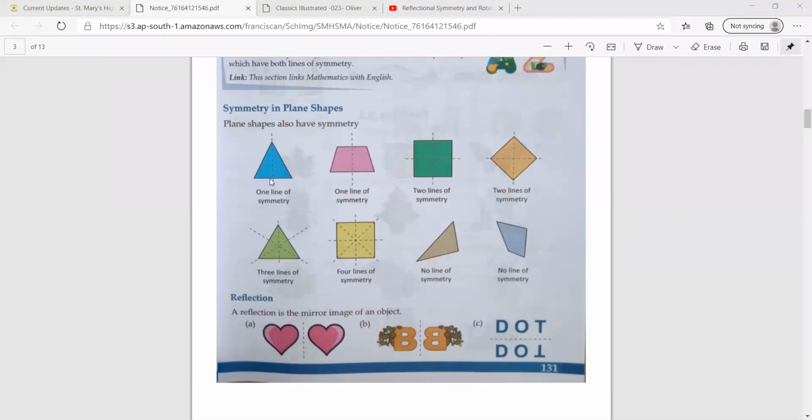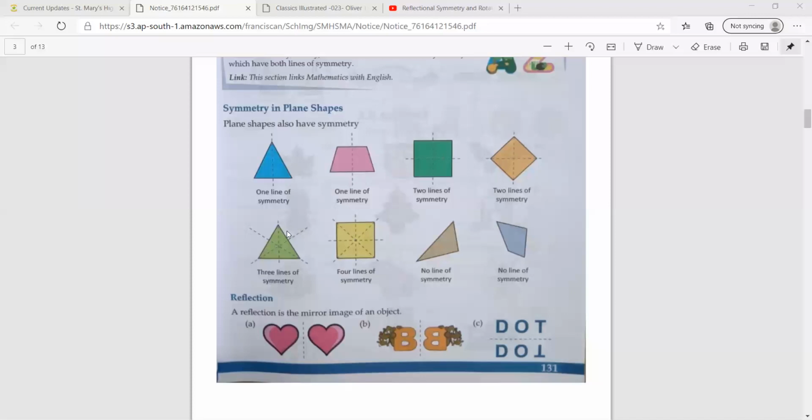And if this triangle has all three equal sides, like here, it has three lines of symmetry. And if no side is equal, it will have no line of symmetry. This type of triangle where two sides are equal is called an isosceles triangle.